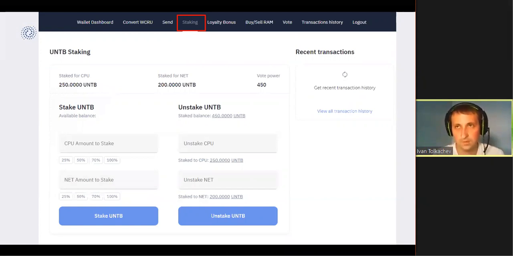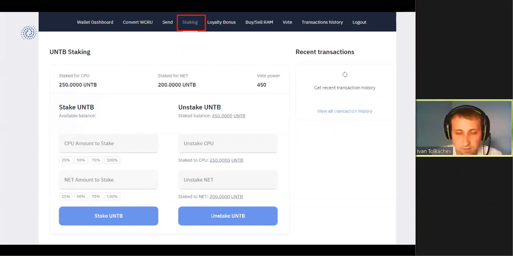But here, look, don't be in a hurry when the blockchain requests some CPU and NET for some transactions and you stake UNTB for them. Don't be in a hurry to unstake, because some operations start smart contracts for unfreezing tokens or accrual of some bonuses.